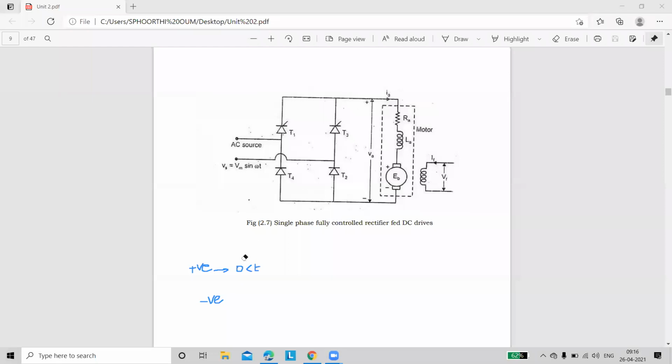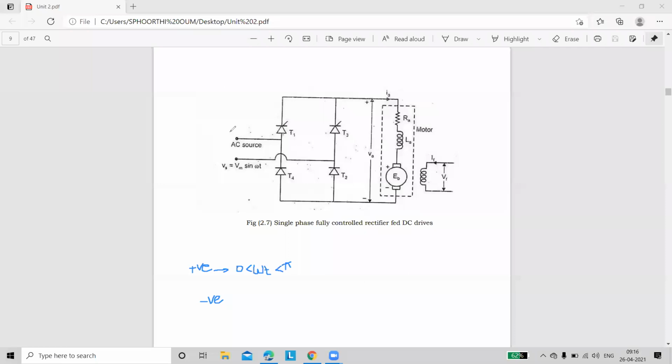Here we are using a rectifier, so always in a rectifier the time period is in radians. So during the positive half cycle of the supply voltage, omega t lies between 0 to pi.